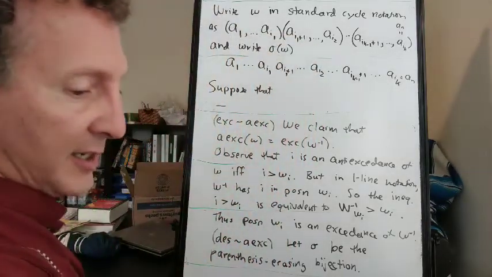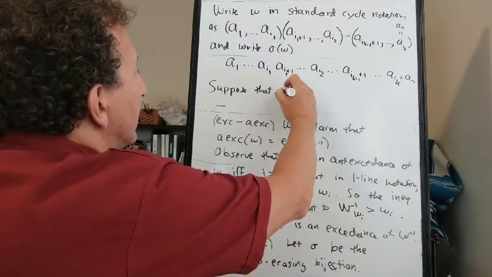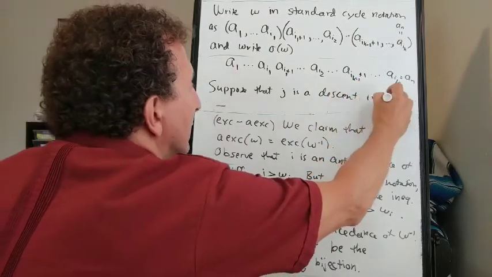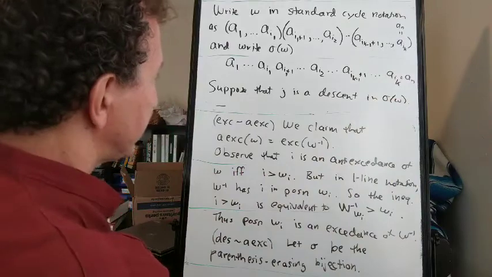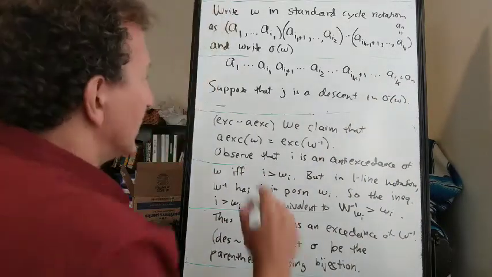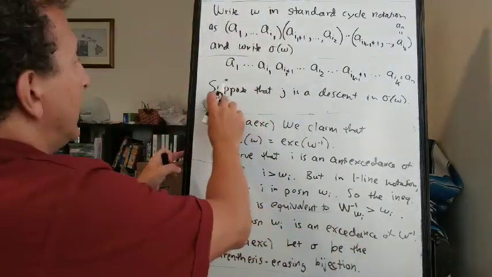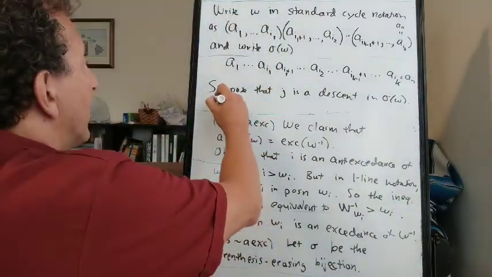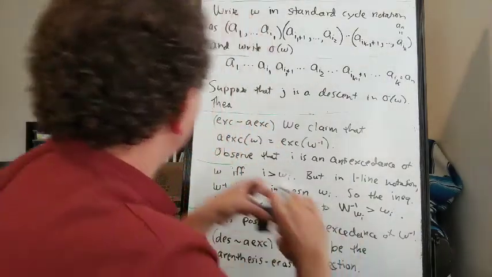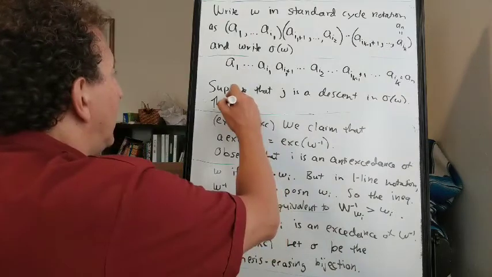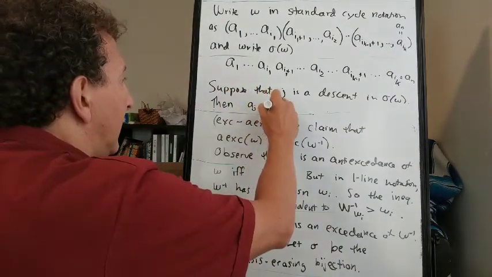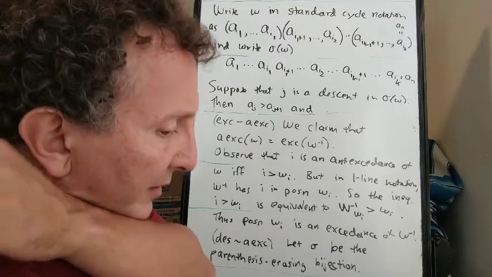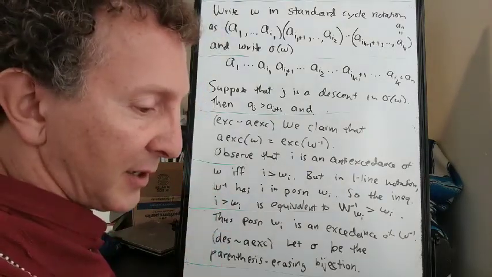So let's suppose that J is a descent in sigma of W. That means that AJ is greater than AJ plus 1, and in W, AJ does not appear last in its cycle.